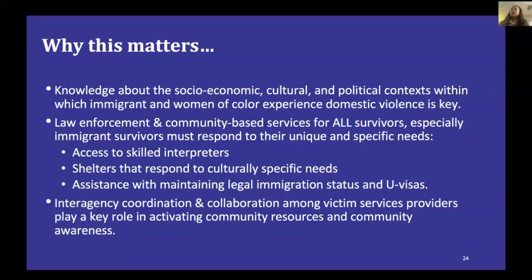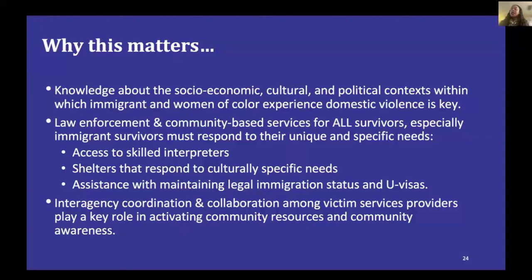Law enforcement and community-based services for all survivors, especially immigrant survivors and women of color, must respond to their unique and specific needs. That means access to skilled interpreters so we can get rid of the language barriers, shelters that respond to culturally specific needs. And that means everything from allowing them to pray when they need to pray, to providing the food that is appropriate for them, and making sure they have assistance with maintaining their legal immigration status and providing U visas where appropriate.